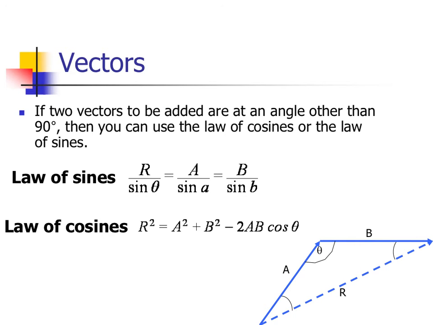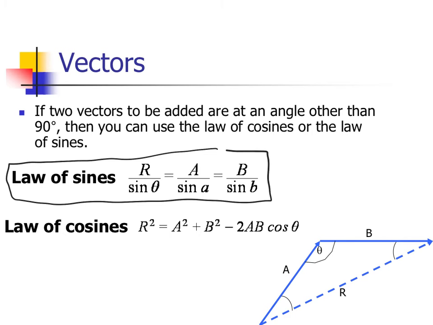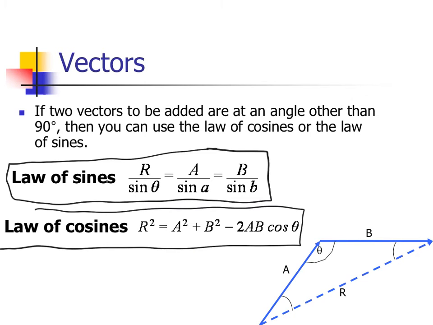Another way of doing it is when we don't have a nice 90-degree point. We have the law of sines and the law of cosines.